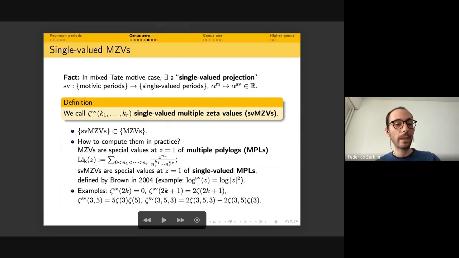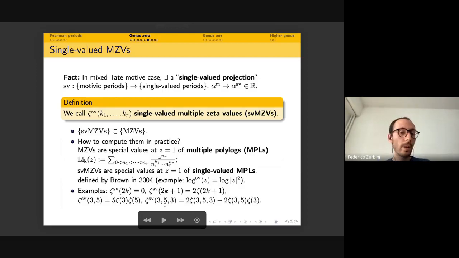Well, its single-valued analog is not irreducible anymore, at least if you view it in the ring of multiple zeta values, because it becomes a product of two single zetas. And you have to go to the single-valued zeta(3,5,3) to find something which is irreducible and which is given by this linear combination. I might have left out a term here, but it's just a product of zeta values.